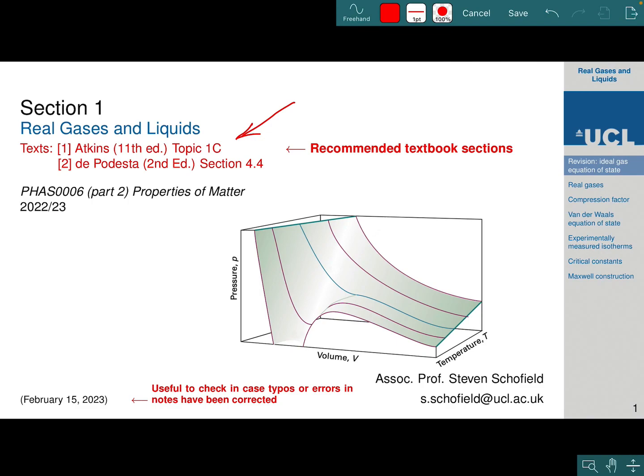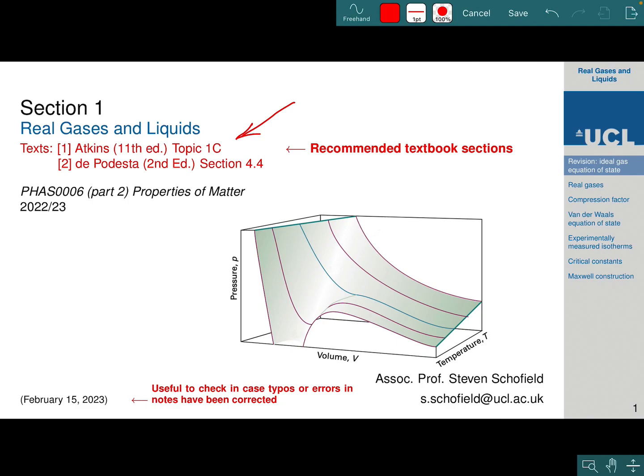But nevertheless, I always recommend to supplement your learning by doing some reading from these recommended texts. So please look at this title slide for each of the 4 sections and you'll see the recommended chapters or chapter sections from the textbooks.